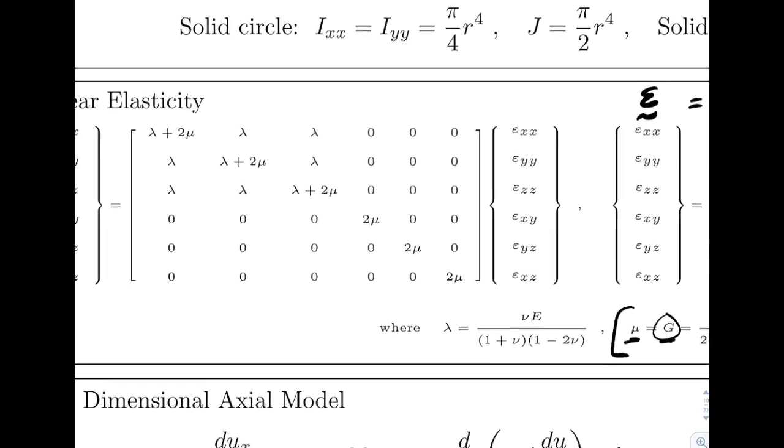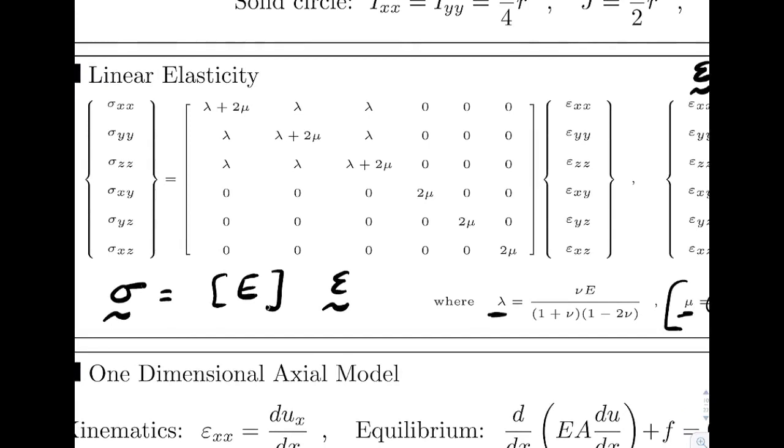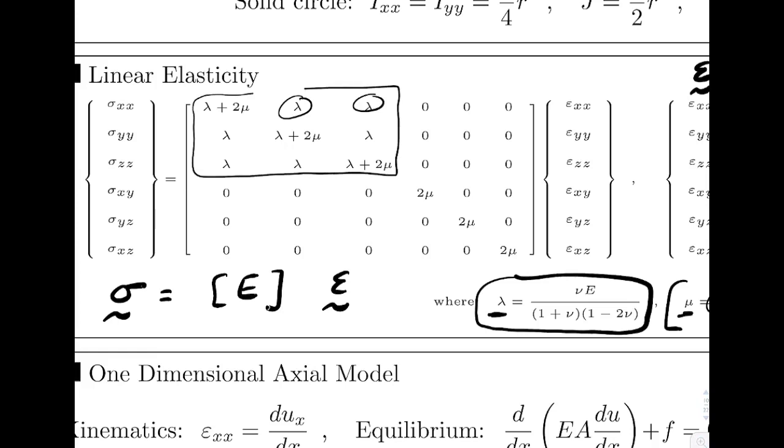Sliding over here, we end up with the same relationship, but this is stresses in terms of strains. This is called Lamé's constant, and you see that up here in the upper left quadrant, which is where the direct stresses relate to the direct strains.